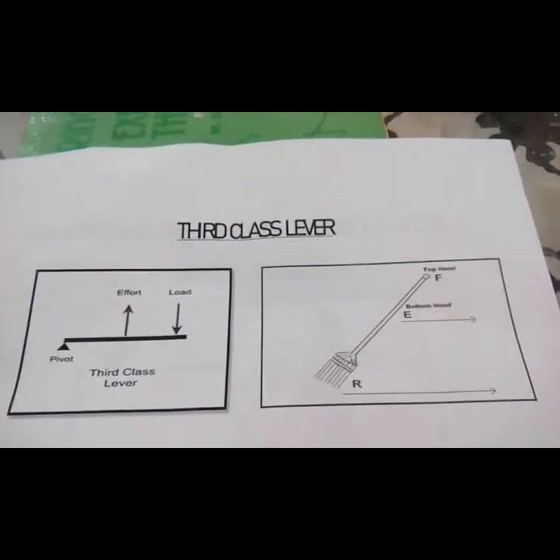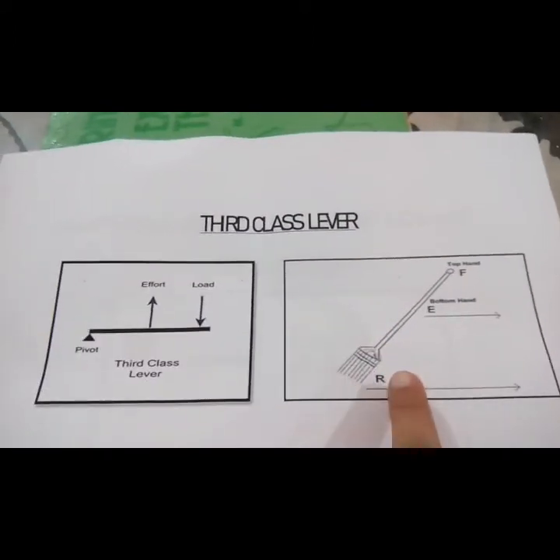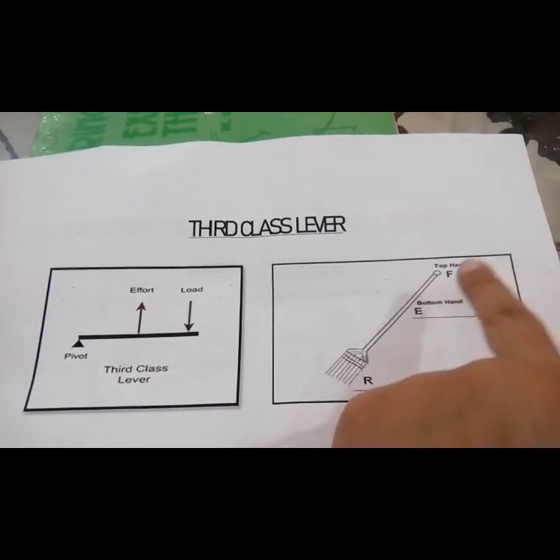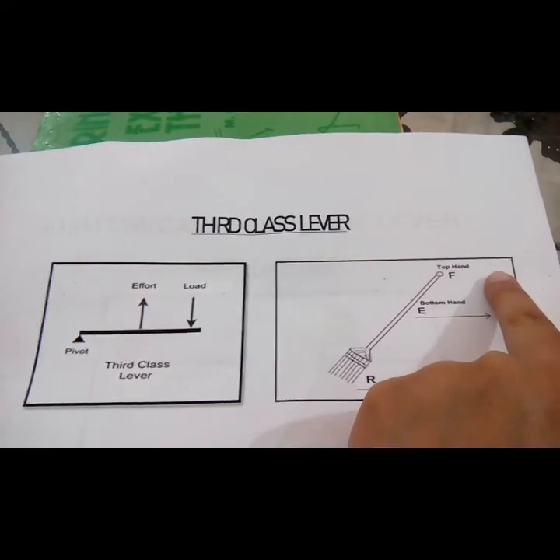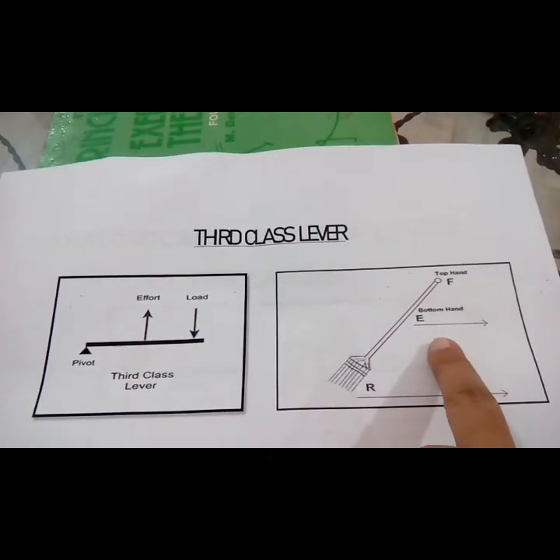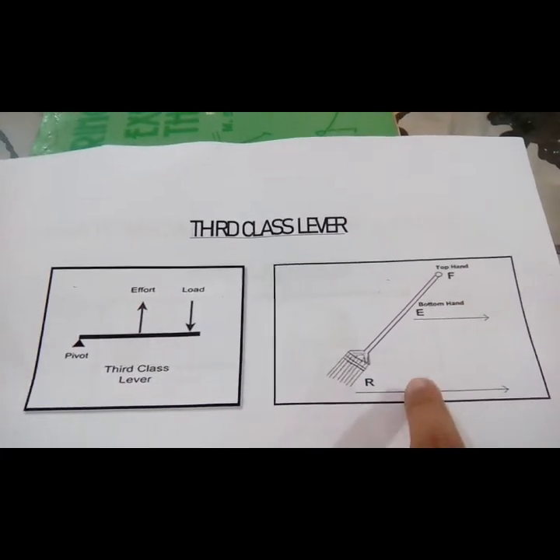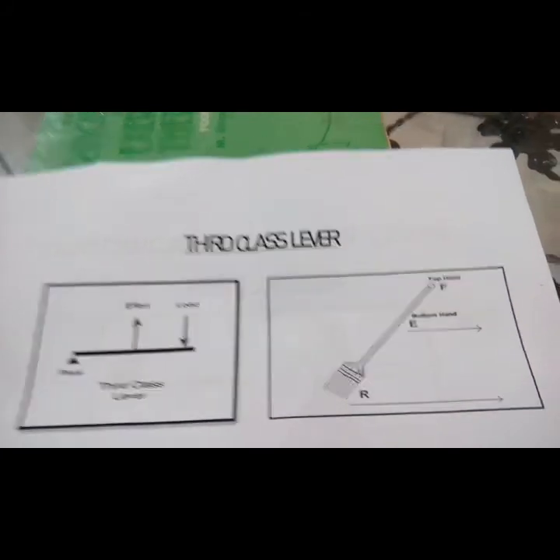The sweeping action of a broom is a class 3 lever. You pivot the handle of the broom near the top, that is the fulcrum, and push the handle near the middle, the effort, so that the bristles at the other end, the load, will quickly sweep across the floor.